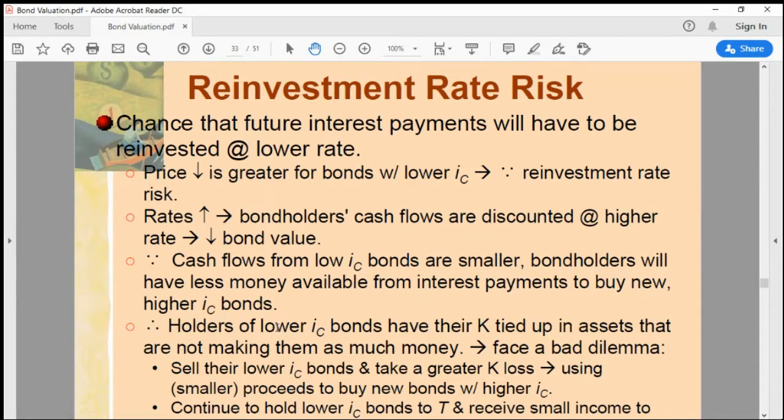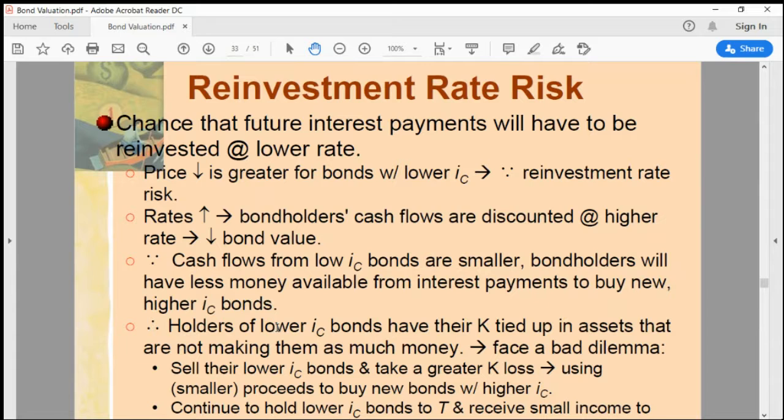With smaller, right? You got your money back. If it is a callable bond, you got your money back. If it is not a callable bond, you still have your money locked up in the bond, right?